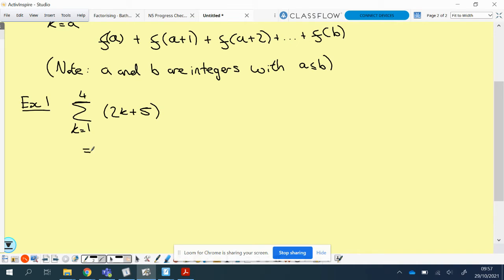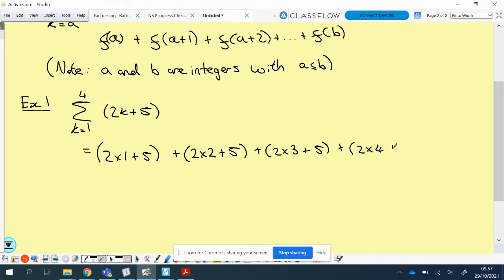So if I put k equals 1 into it, first it's going to be 2 times 1 plus 5. Then when k equals 2, 2 times 2 plus 5, plus 2 times 3 plus 5, plus 2 times 4 plus 5.